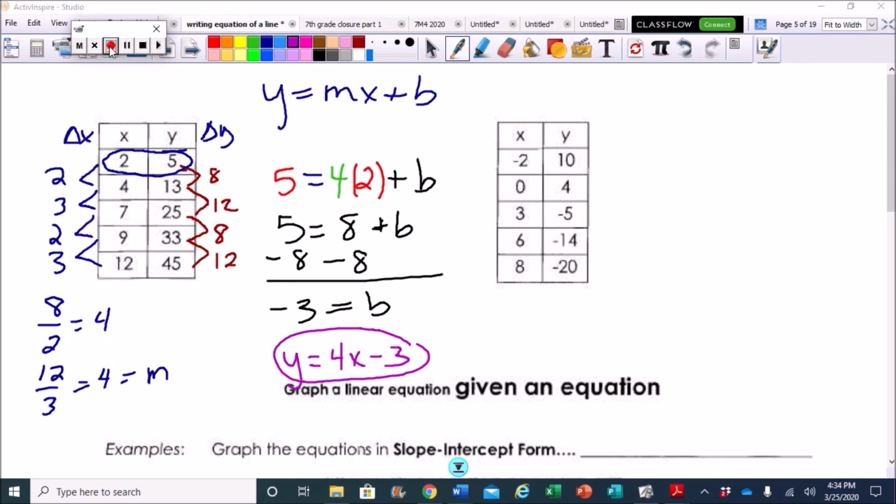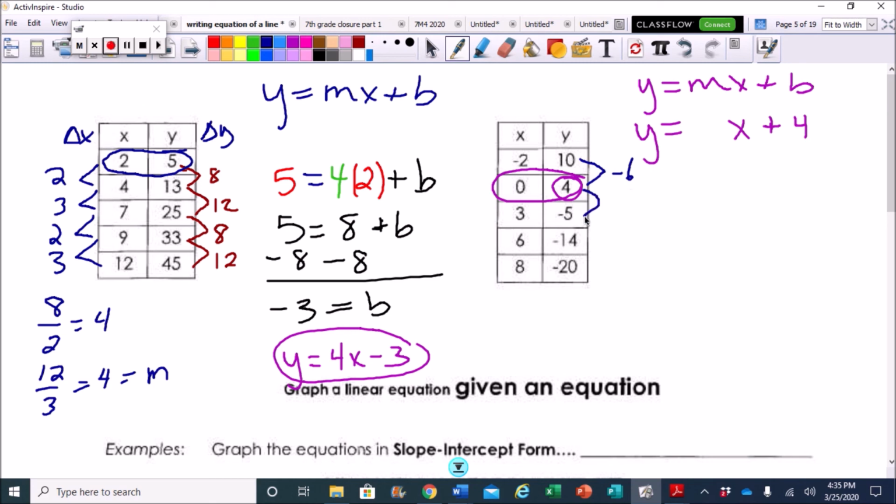Okay, the next table, I'm going to write down y equals mx plus b. First thing I notice is that I have a b. So my b is 4. So I can rewrite as y equals something x plus 4. It always makes it so much easier when I have the y-intercept. So then, from there, I need to figure out my slope. So this is negative 6, it's going down by 6. That is going down by 9.